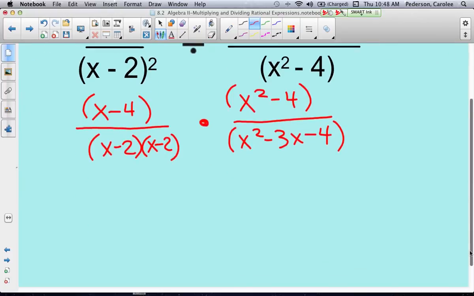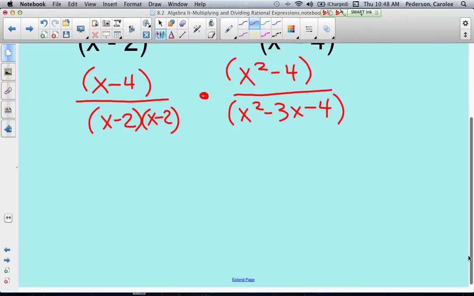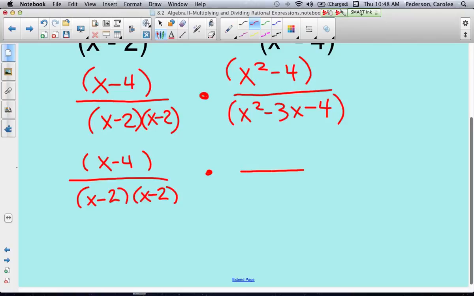Now we want to factor. Well, the first fraction is already factored, so that's still just x minus 4 over x minus 2, x minus 2. The second fraction, the numerator, is a difference of two squares. So we have x minus 2 and x plus 2.